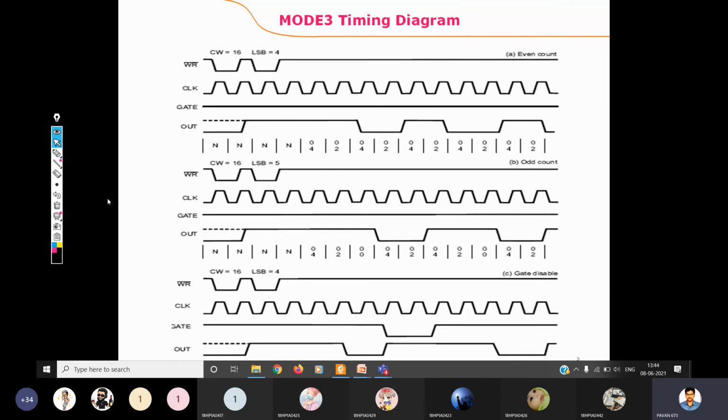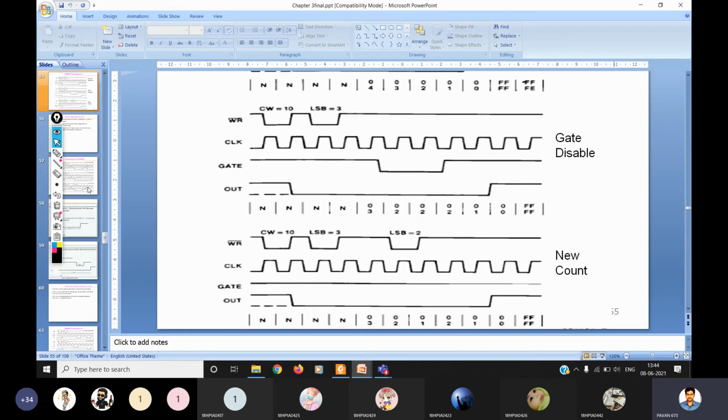Suppose the gate signal is disabled in between these scenarios. What happens, whether it is an even value or an odd value?